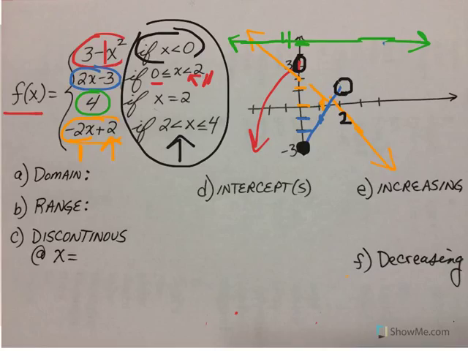Now let's look at the green piece. Now this is kind of unique. Anytime you see this equal to thing here, what you're really going to have is just a single dot. So the graph is only equal to 4 at 2. In other words, at 2, 4 is one fat dot.